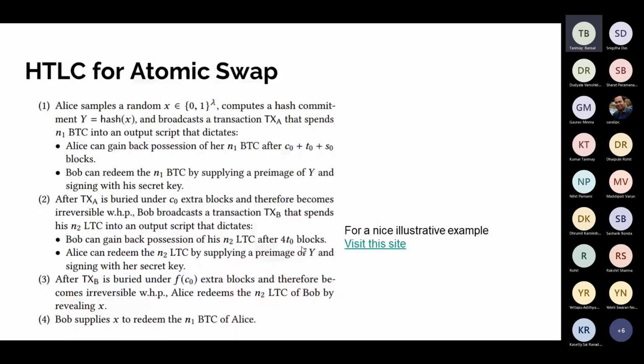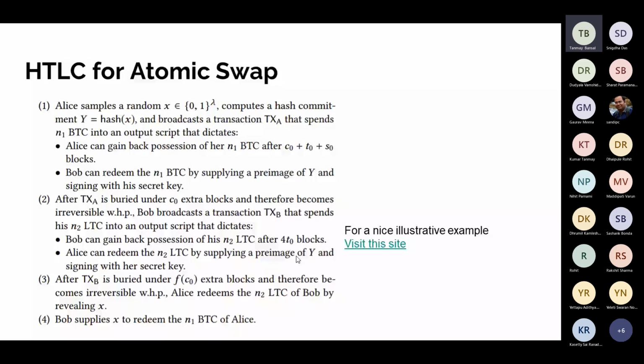Now if Bob is sending something back to Alice, that is the whole point of swapping. After the transaction created by Alice is confirmed by several blocks, say C0 number of blocks, Bob is sure that Alice cannot go back on the transaction she created.